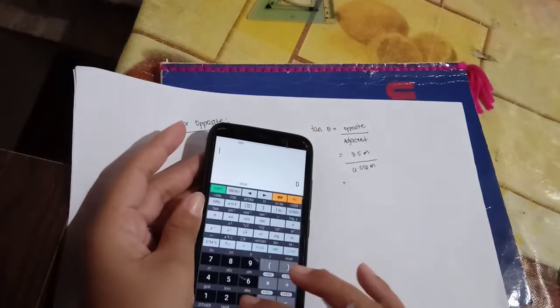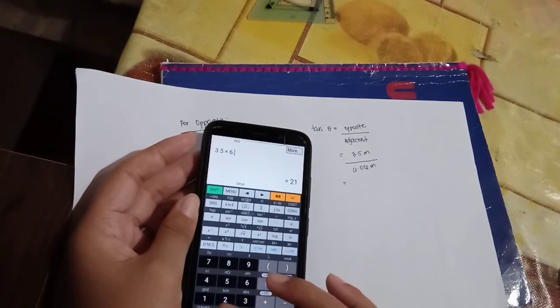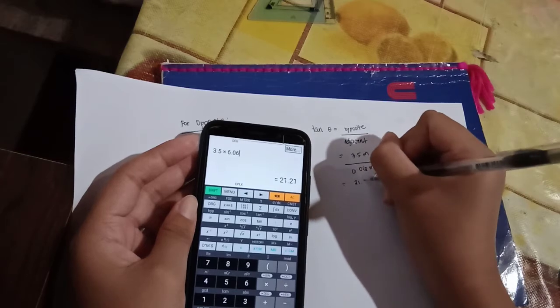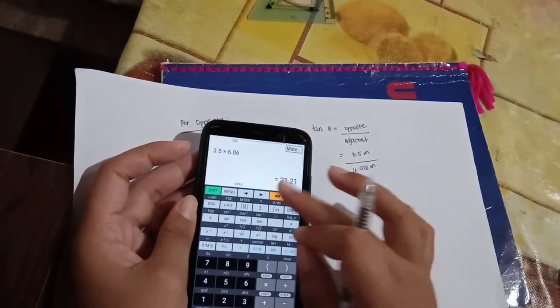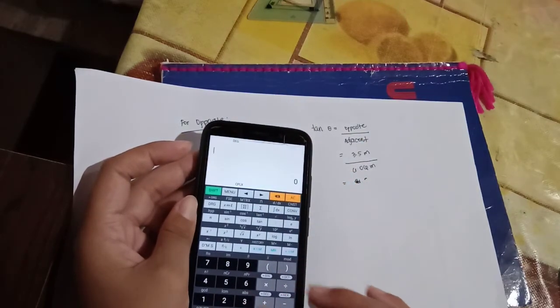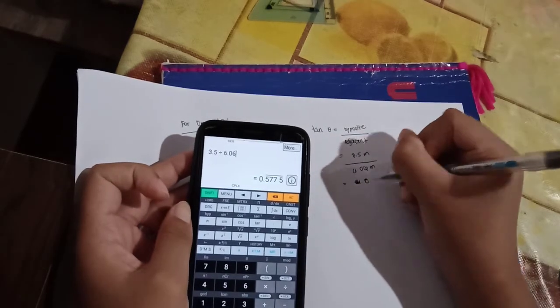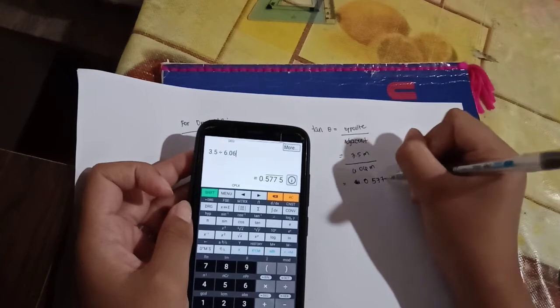Sorry, this is 3.5 divided by 6.06. So it's 0.5775.